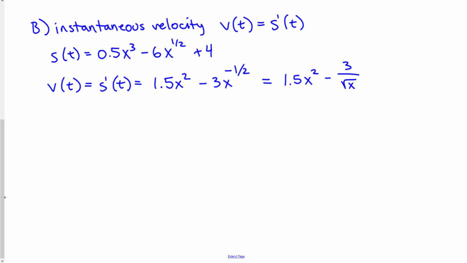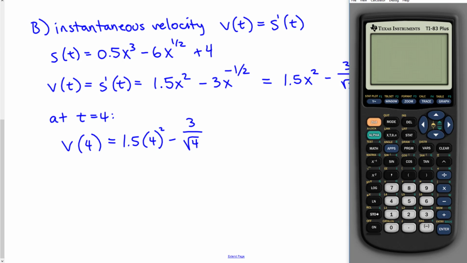So the instantaneous velocity at t equals 4 would be the velocity function evaluated at 4, which is 1.5 times 4 squared minus 3 divided by the square root of 4. I'll use the calculator to come up with that.